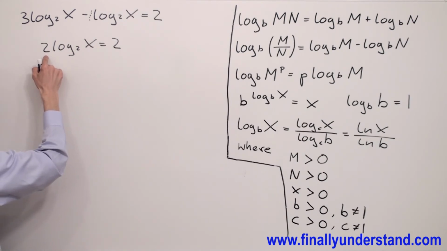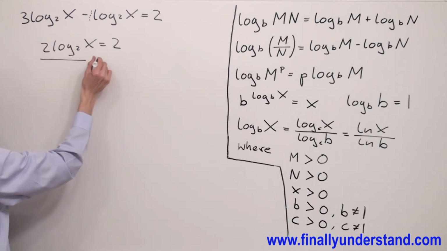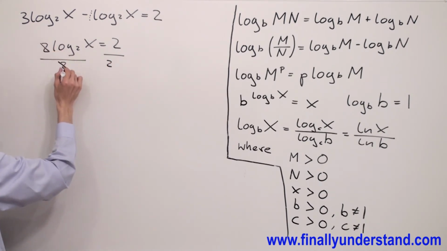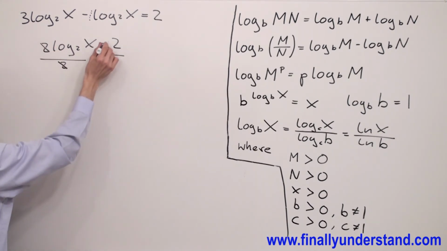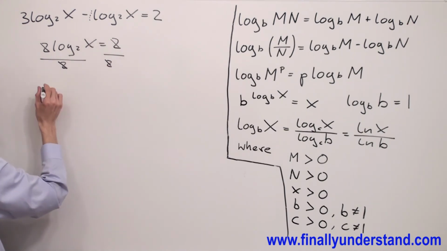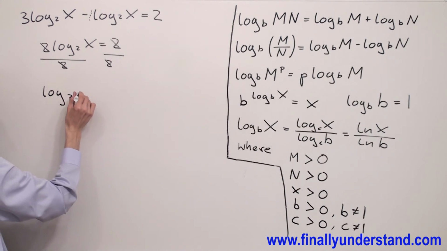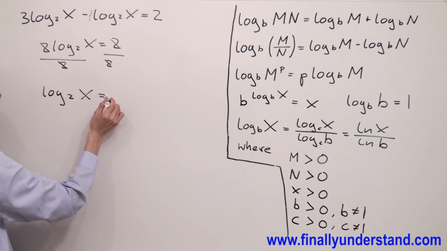I can eliminate this coefficient by dividing both sides of the equation by 2. 2 and 2 will cancel out. And I have log base 2 of x is equal to 1.